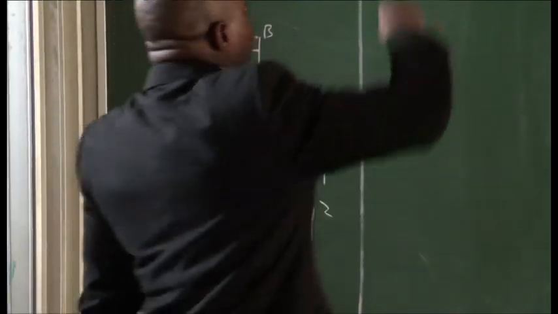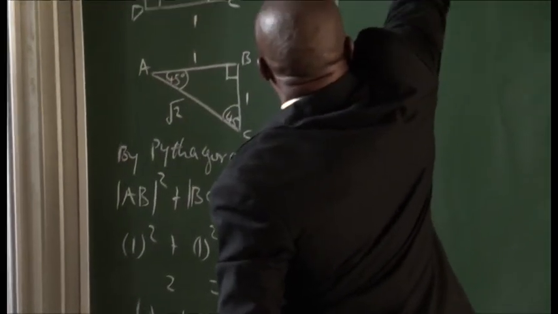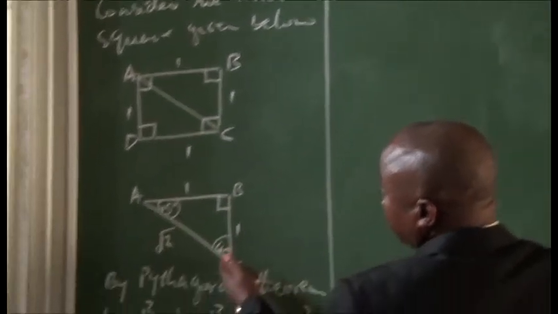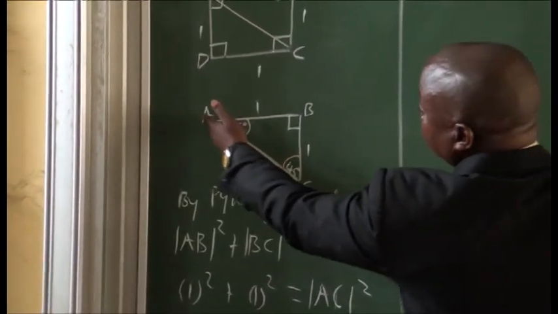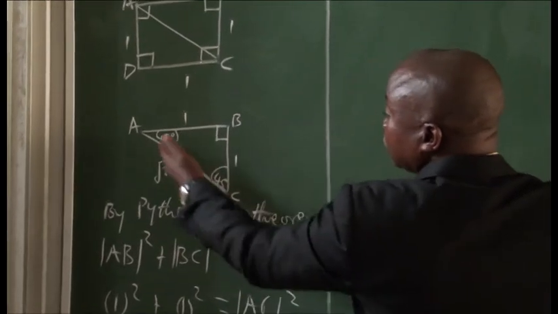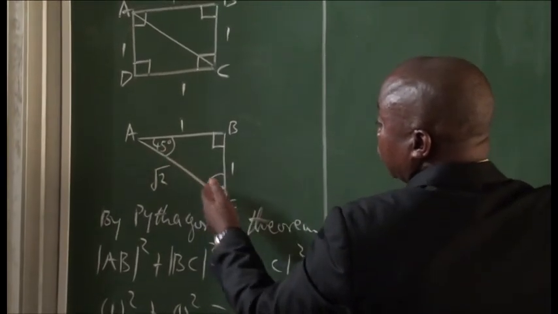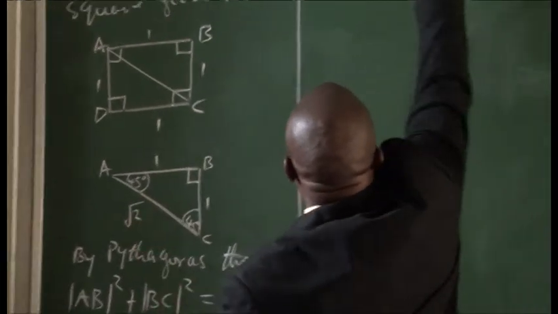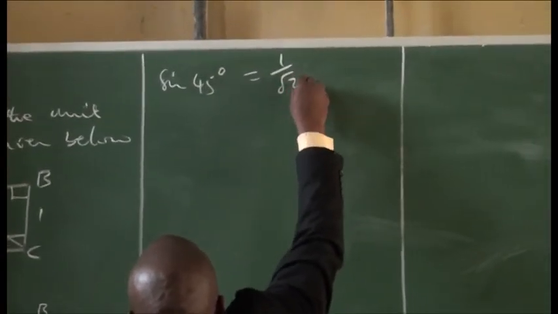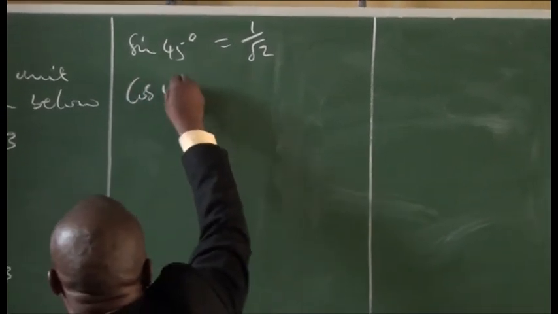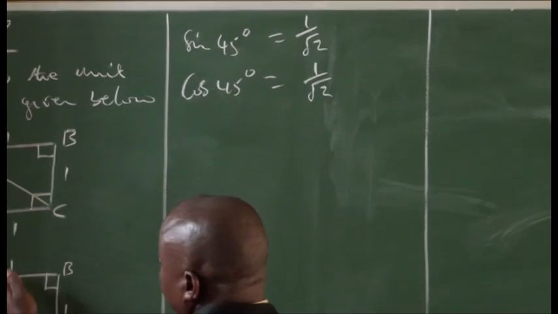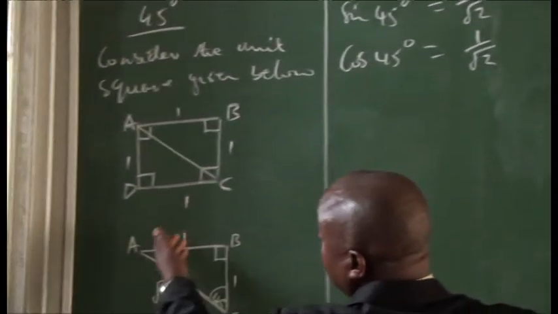Now, if that side is root 2, then sine 45 degrees, that is, I'm looking at 45 degrees from here. If you look from here, it's still the same because the two are the same. So it is now opposite over hypotenuse. This is 1 over root 2. Cos 45 degrees is the same, 1 over root 2. Cos is adjacent.